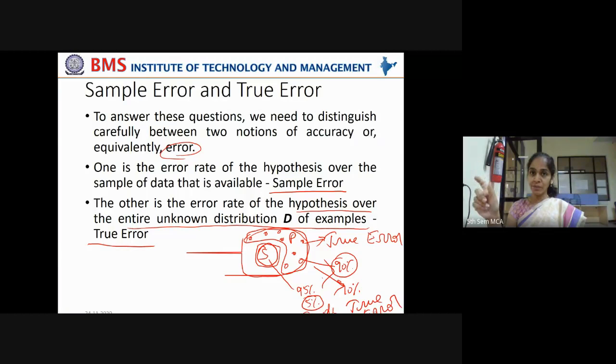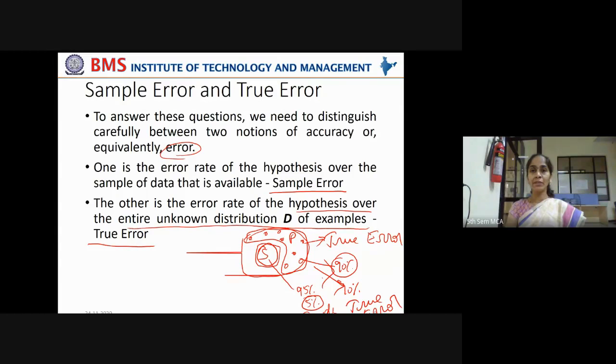Any error associated with that larger population is called the true error. So my estimation is becoming wrong if the true error is very high. If the difference between my sample error and the true error is too much, then I haven't studied the student population well. My experiment is biased only to my class students.